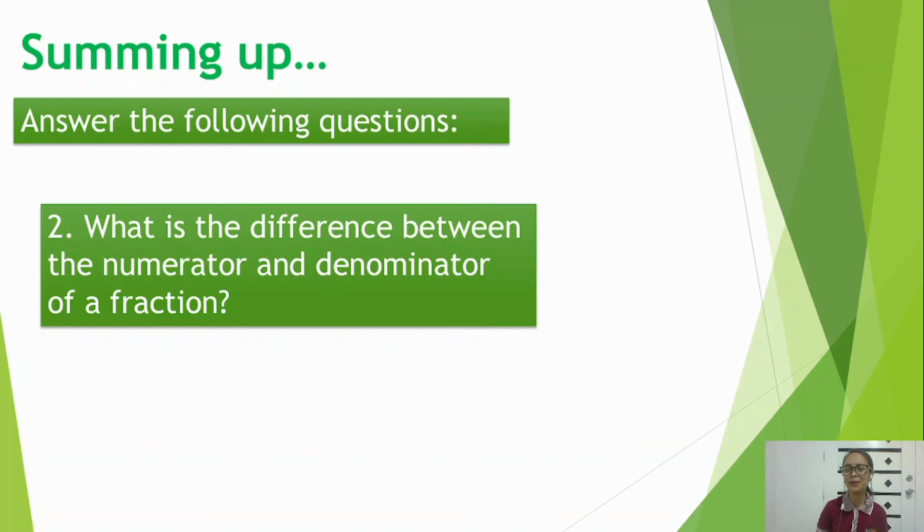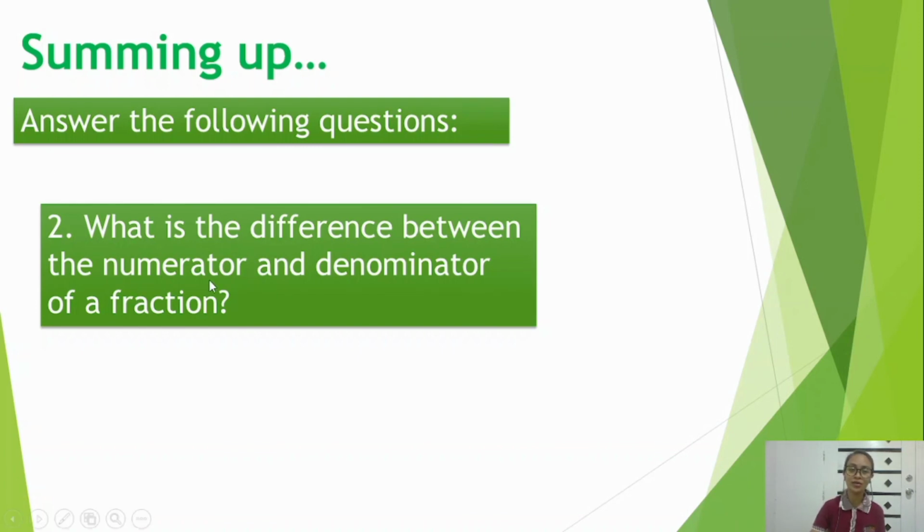So, the second one, what is the difference between the numerator and the denominator of a fraction? Ano bang pinagkaiba ng numerator at ng denominator ng fraction? So, based from our lesson kanina, ang numerator ay parte lamang ng denominator. Ang denominator kasi natin, yun yung ating the whole part, the whole equal parts, yung pinakalahat ng equal parts.